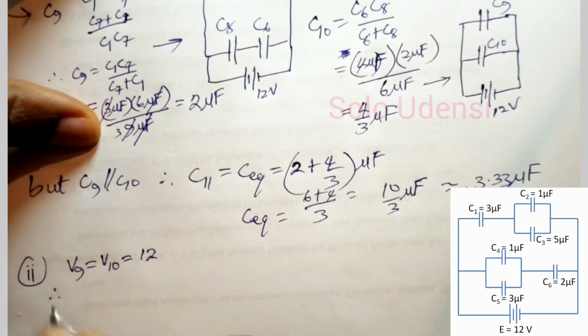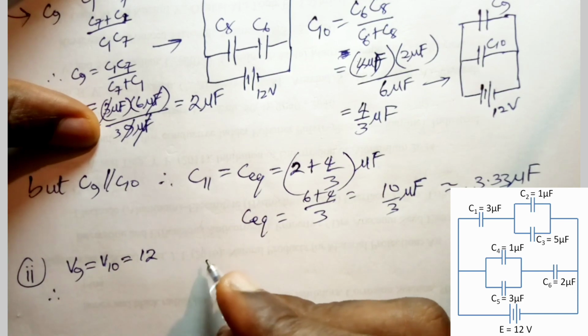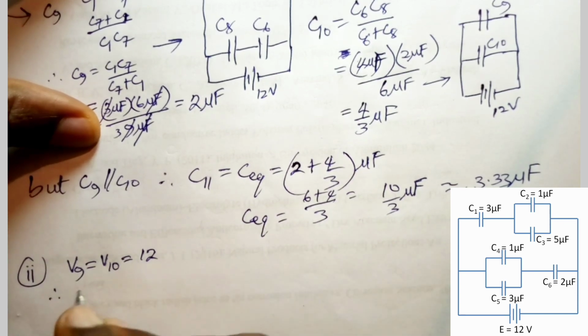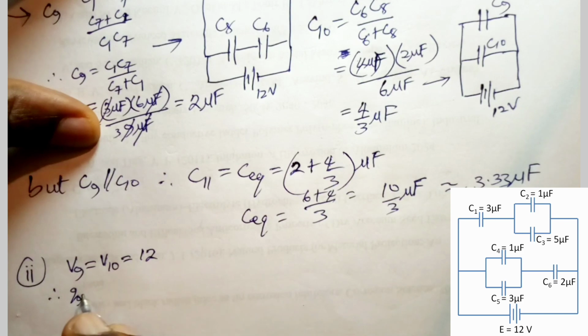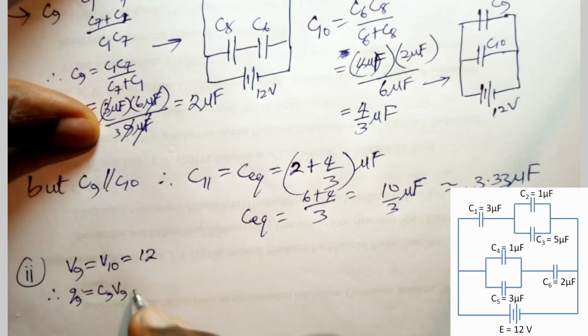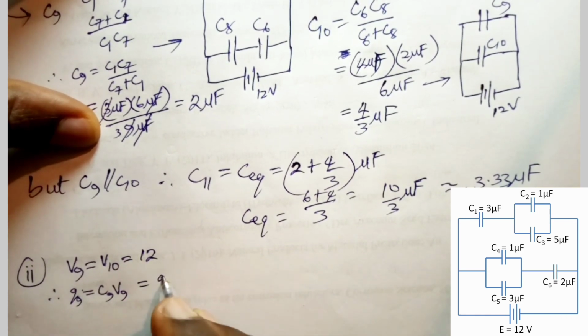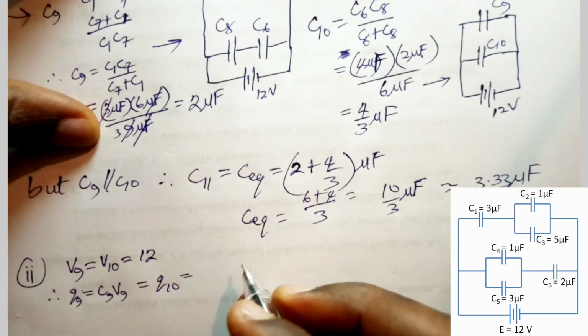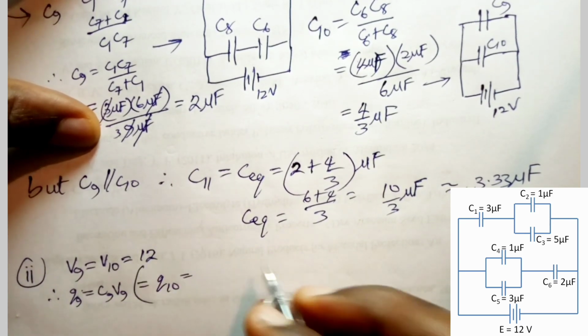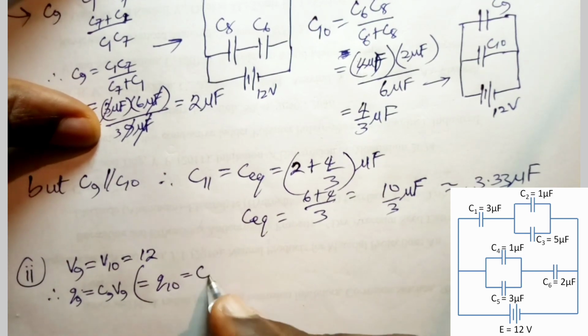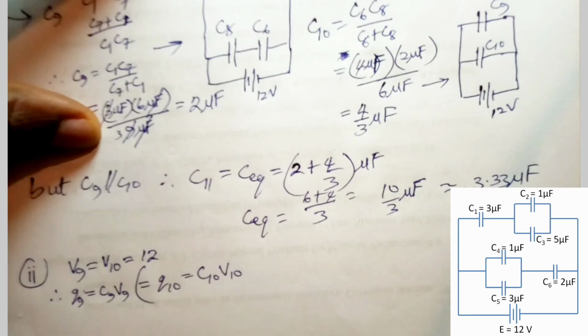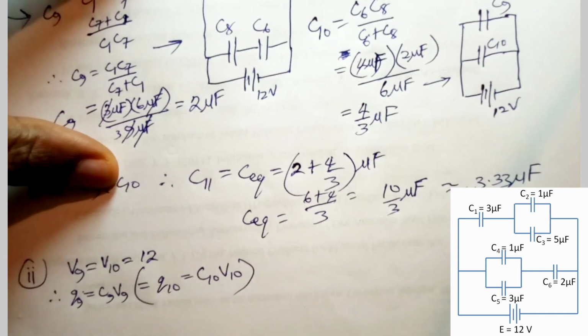Therefore we know that Q is equal to CV. Therefore the charge Q9 is equal to C9 V9, and Q10 is equal to C10 V10.